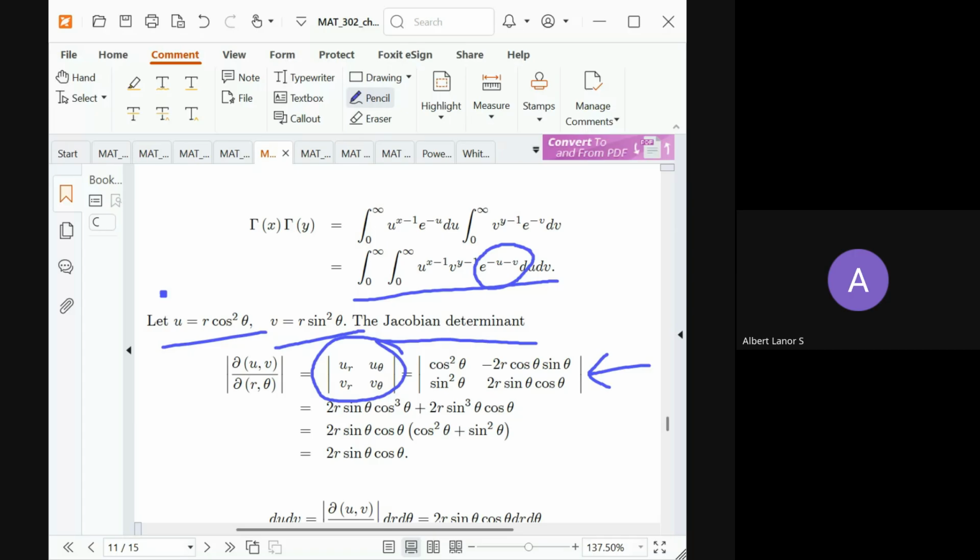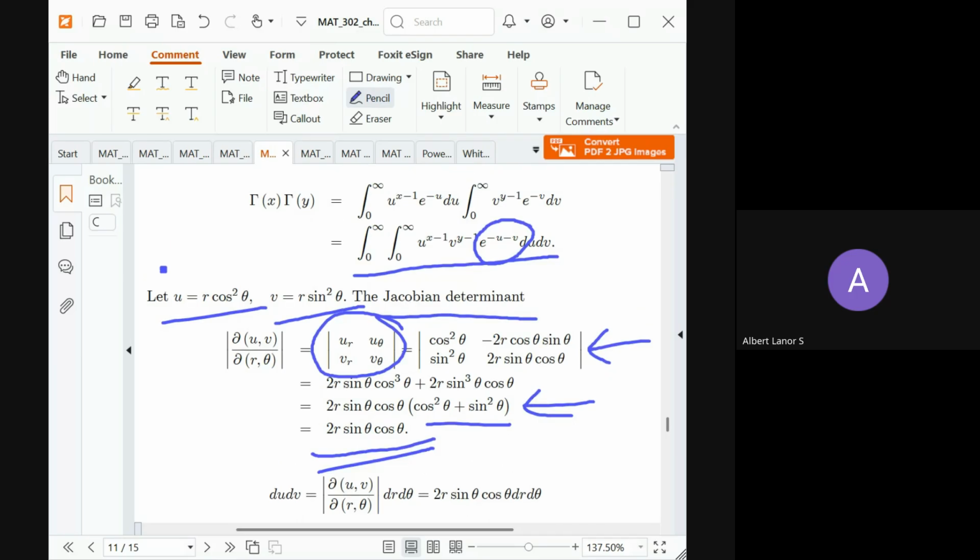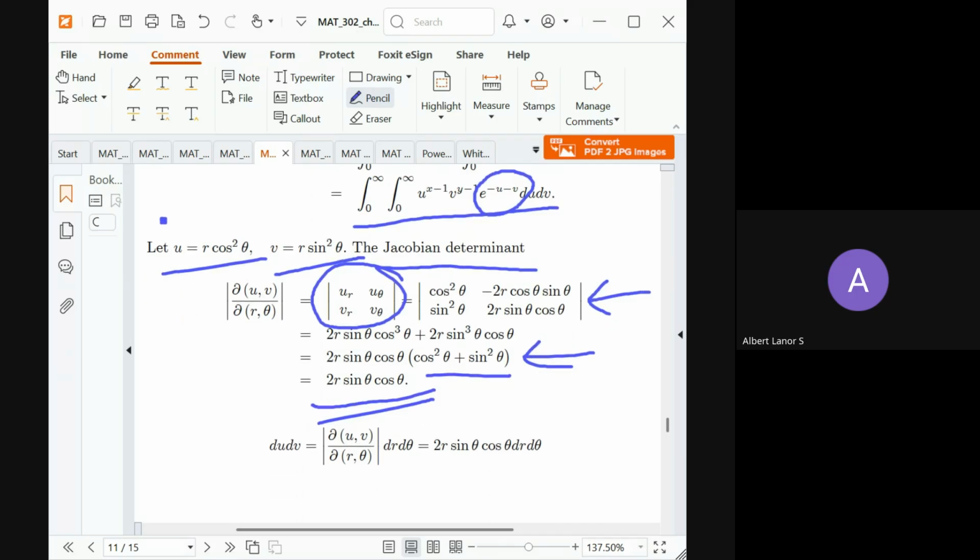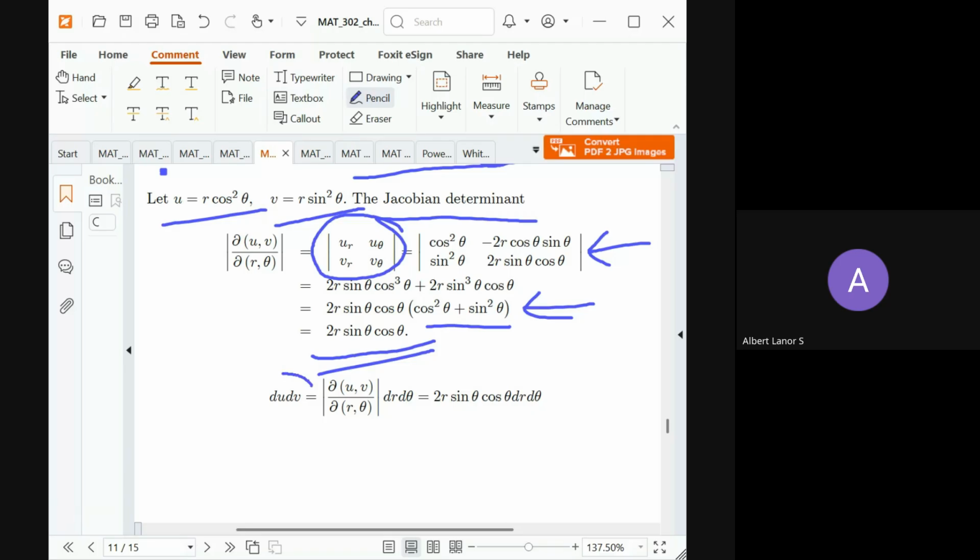So the determinant of it is going to be equal to what you have here. And you know that the bracket would be equal to 1. So the Jacobian will be 2r sin theta cos theta. So that when we are changing the integral into the polar, you know that du dv will be equal to the Jacobian dr d theta, where the dr d theta will be determined by the order of the integration.